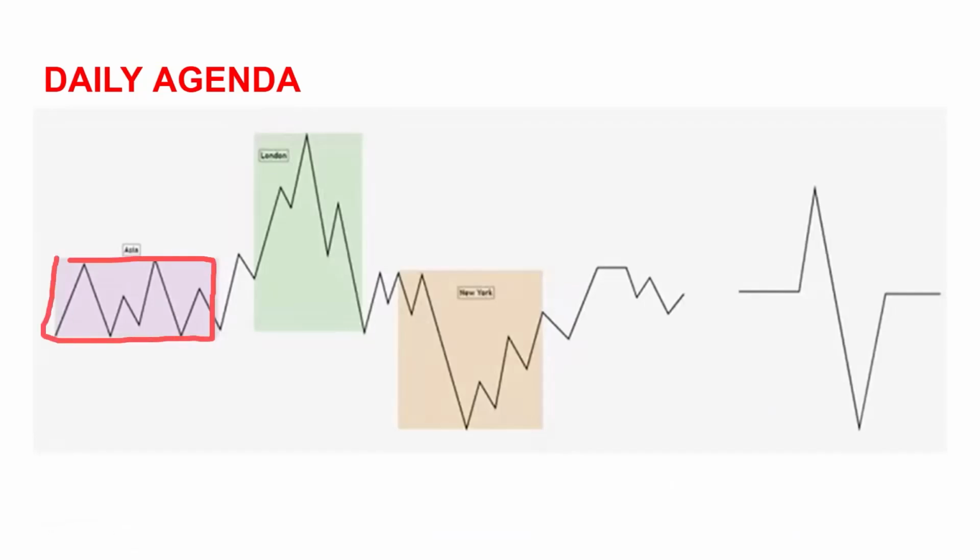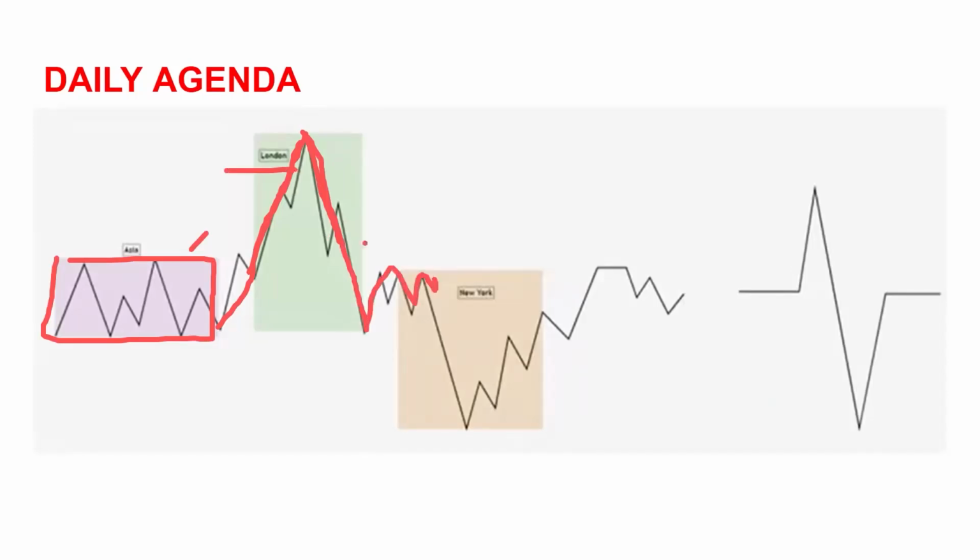What happens is we have an expansion to the upside, which sweeps liquidity. This is the daily agenda of the market. At times it sweeps liquidity to the upside, and afterward we have this movement to the downside. We have this manipulation, then this expansion to the downside.